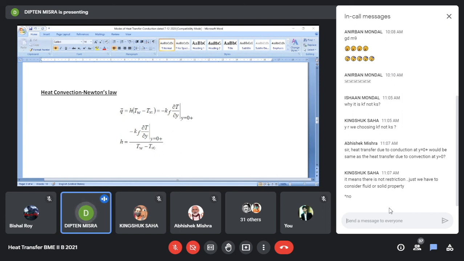Suppose you are calculating the heat extraction from the surface to a fluid, then you know only the skin of the surface, you do not know what is underneath the surface. Then how do you work out on the basis of the conduction in the solid? You cannot. The other part of the surface is not accessible to you.